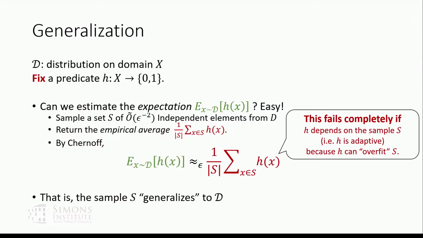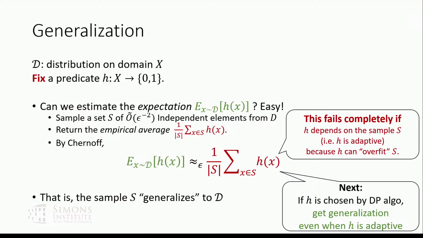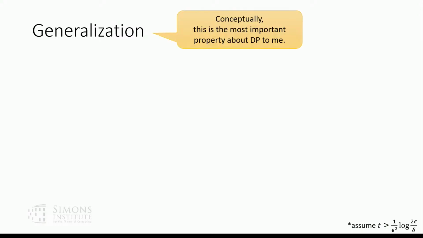But on the next slide you see that if H is chosen by a private algorithm, then you still get generalization even if H is chosen adaptively. Conceptually, this is the most important property of DP, at least to me.